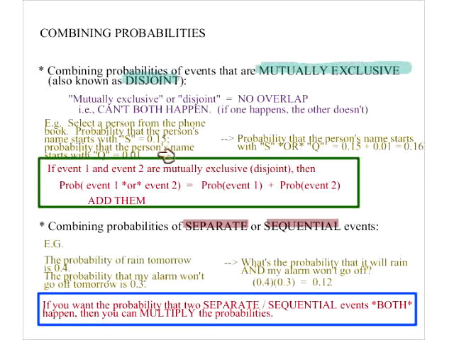The probability of these happening both together is nothing. It's 0. You shouldn't have to memorize a rule for that. Clearly your name cannot start with both S and Q, which is in fact what it means when we say these are mutually exclusive. They can't both happen. So if you have this kind of situation, then the probability of this and this would be nothing. It would be 0.